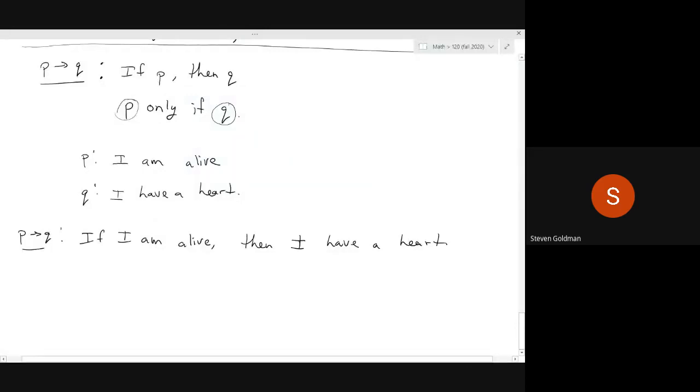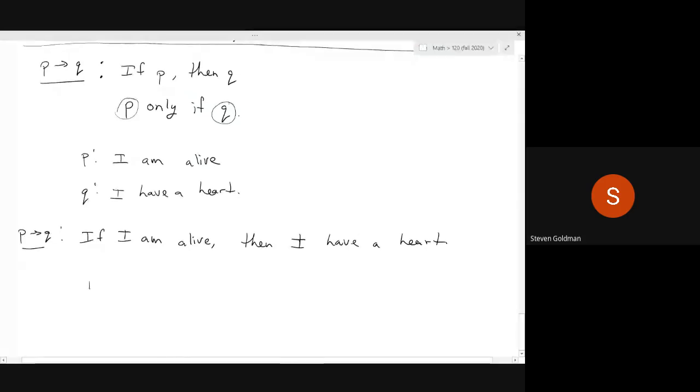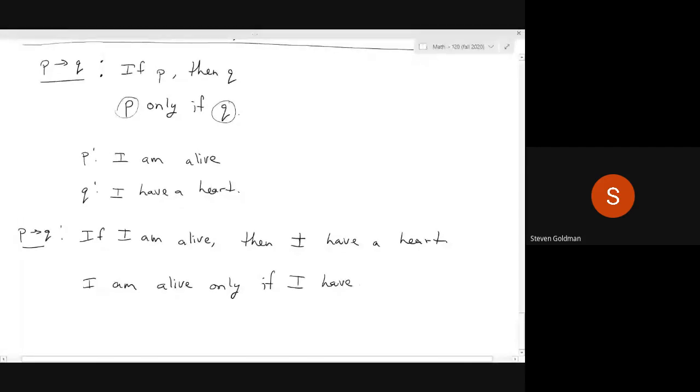All right. So I start with that. Now let's write this in the other form, P only if Q. P only if Q would be the sentence, I am alive only if I have a heart. Hopefully looking at these two sentences, you see that they're the same.